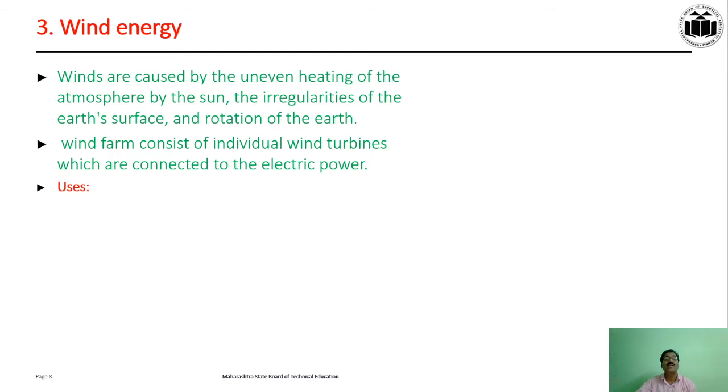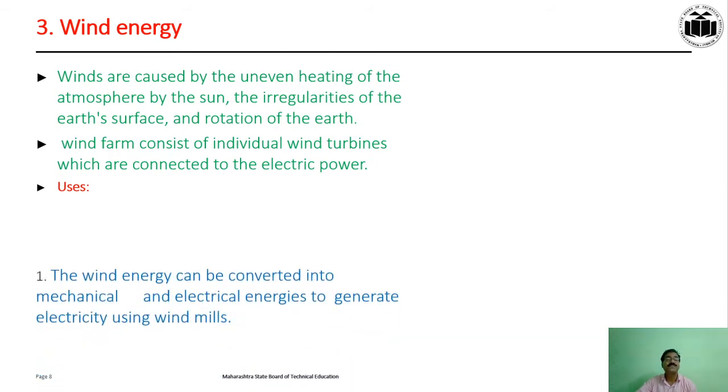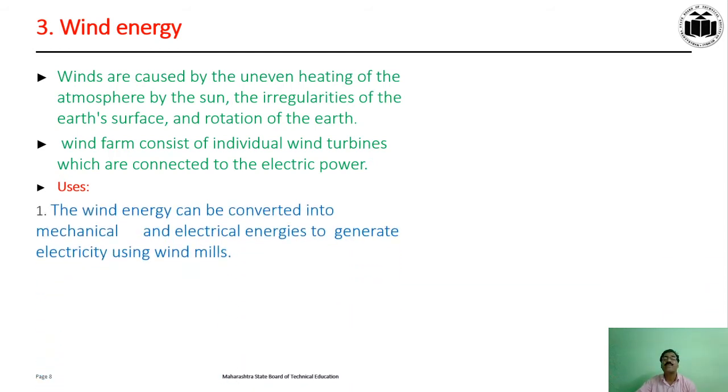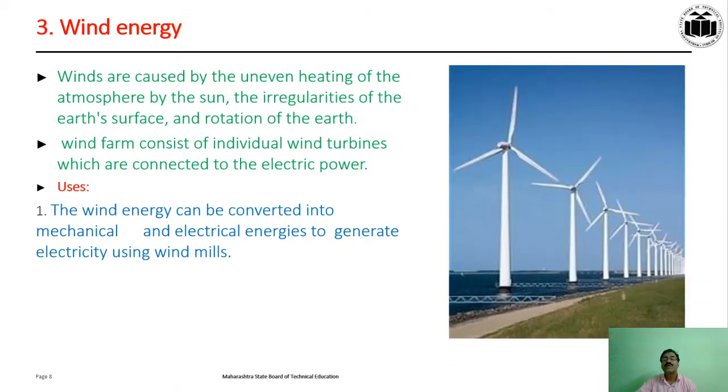What are the uses of wind energy? Wind energy can be converted into mechanical and electrical energy to generate electricity using a windmill. This figure shows how the windmill is used for generating electricity.